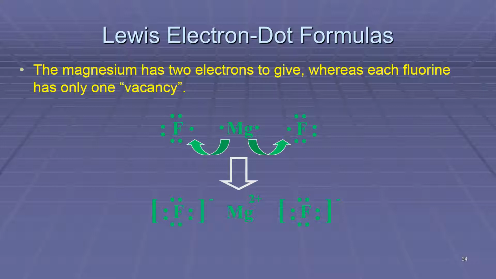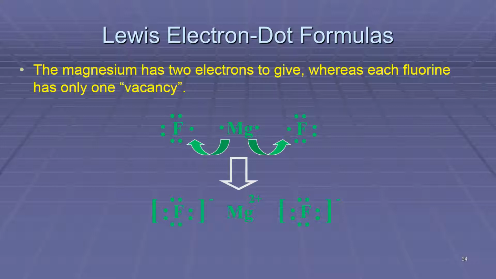Magnesium has to give up 2 because it wants to, again, be isoelectronic with neon. So it has to give them up to 2 different fluorine atoms. And so when they do, each fluorine becomes negative, and magnesium becomes positive too, and then of course they're attracted to each other.